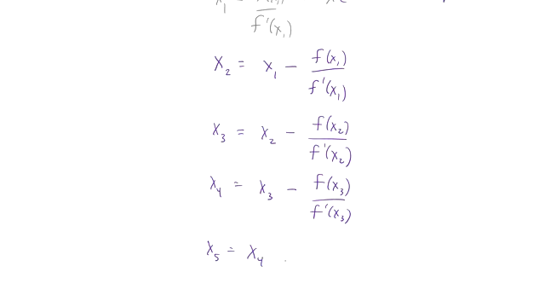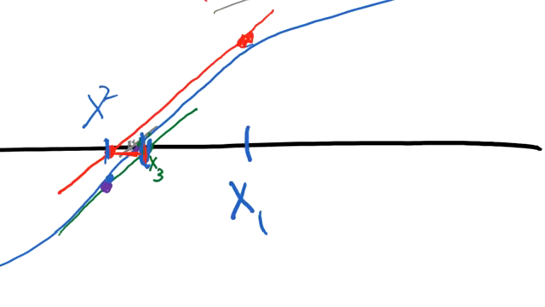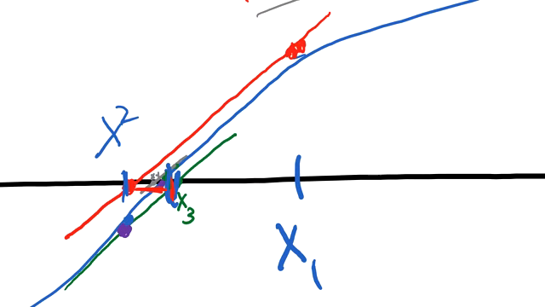The really nice thing about this is you don't have to go very far before these numbers get really, really close together. As you can see, I go x1, x2, and this purple dot in the middle is the real 0. The purple, the red, the green, the gray, they're converging onto this purple dot in the middle, really fast.